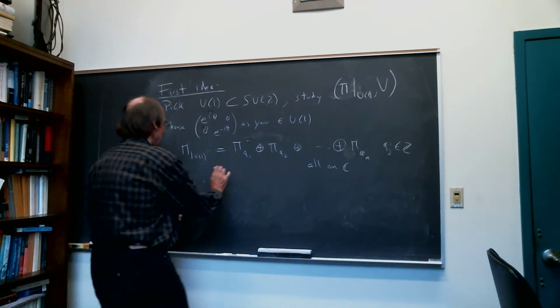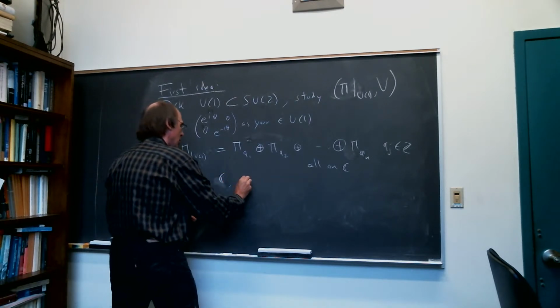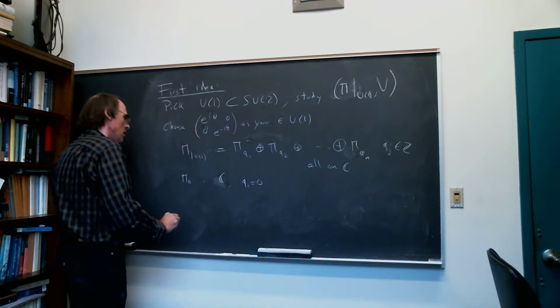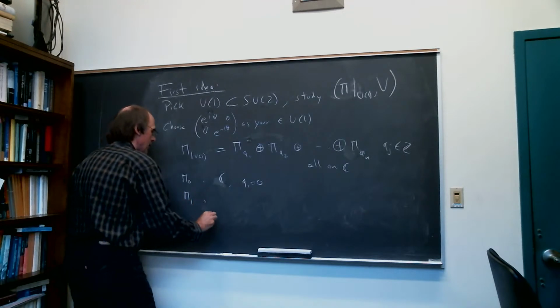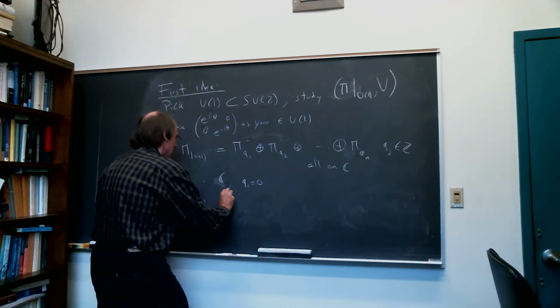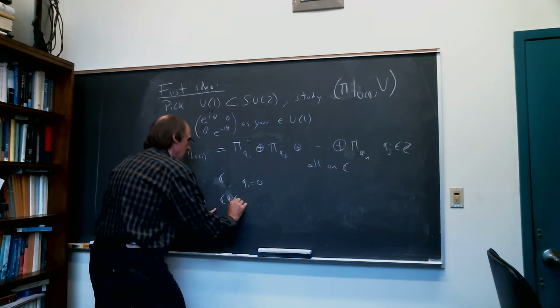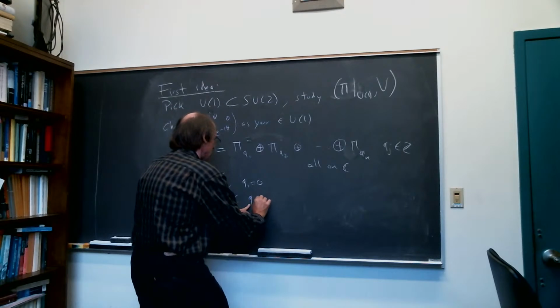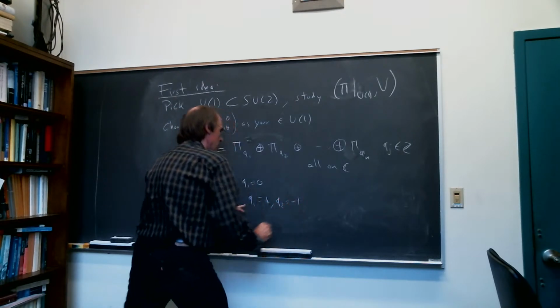You get this axon. This is C with q1 equal to 0, and for pi 1, you get C. This is on C2. You get C plus C with Q1 equal to plus 1, Q2 equal to minus 1.